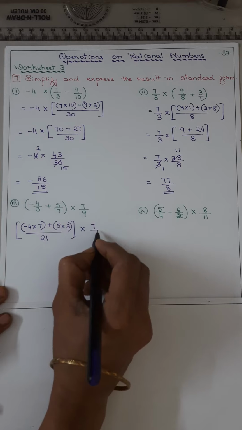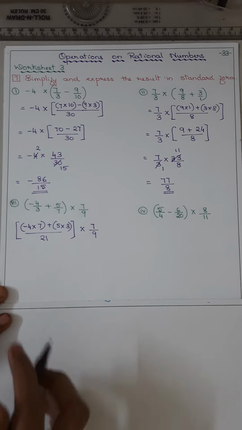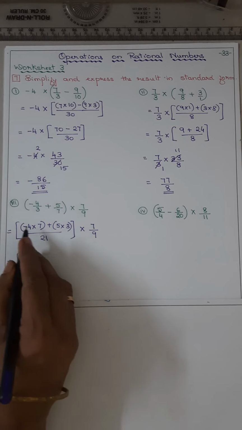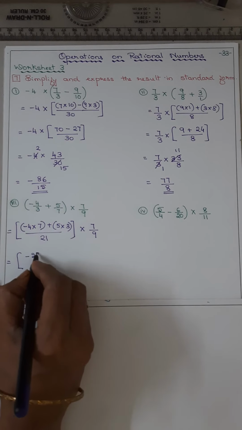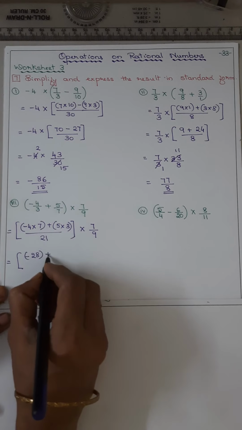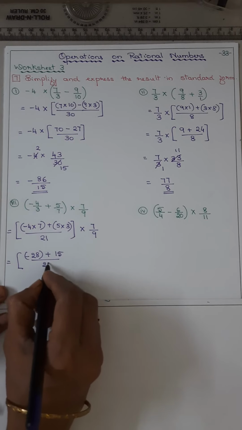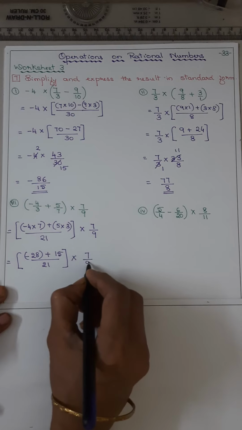into 7 by 9. Same, but addition is first. Okay, now solve this. Minus plus minus 4 7s are 28 plus 5 3s are 15 upon 21 into 7 by 9.